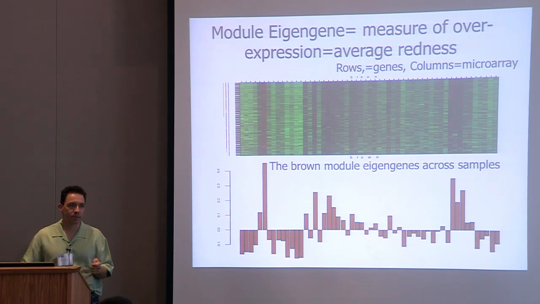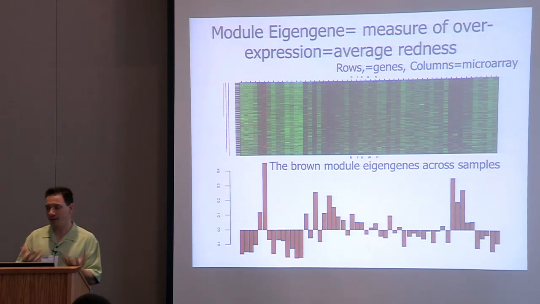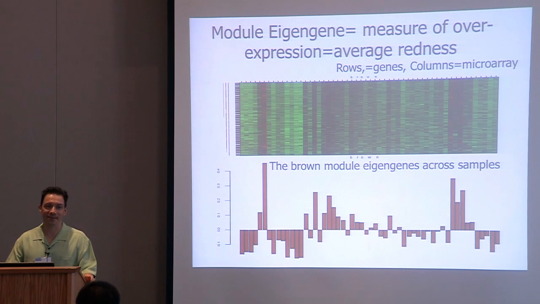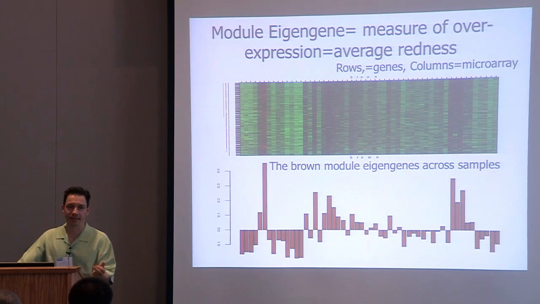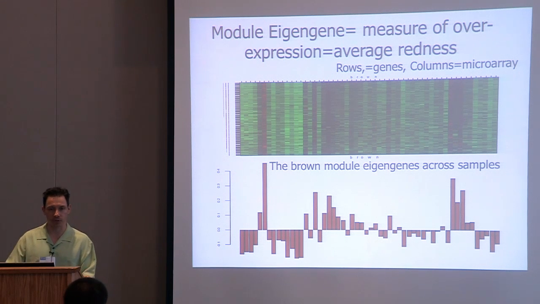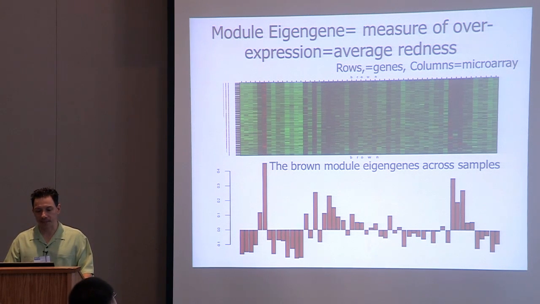Do you get that? The eigengene is not a real gene. Sometimes people ask me, is the eigengene an apoptosis gene? But that's not a meaningful question. The eigengene is a mathematical construct. It's a weighted average of all module genes. And therefore, in this case, it would take 50 values because there are 50 microarrays.